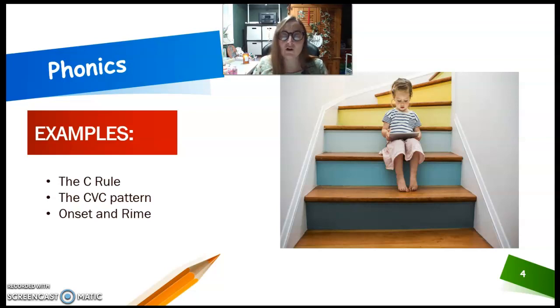Then they would all get a dry erase marker, and the group would come up with as many words as they could in that word family. They could use a single letter or multiple letters to make the words. It would be kind of a race, working together, trying to find the word families, which would be the onset and rhyme example.